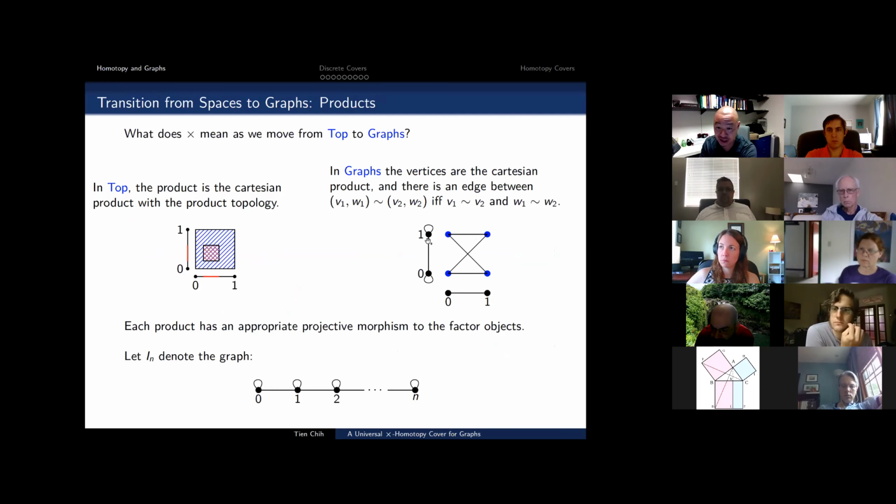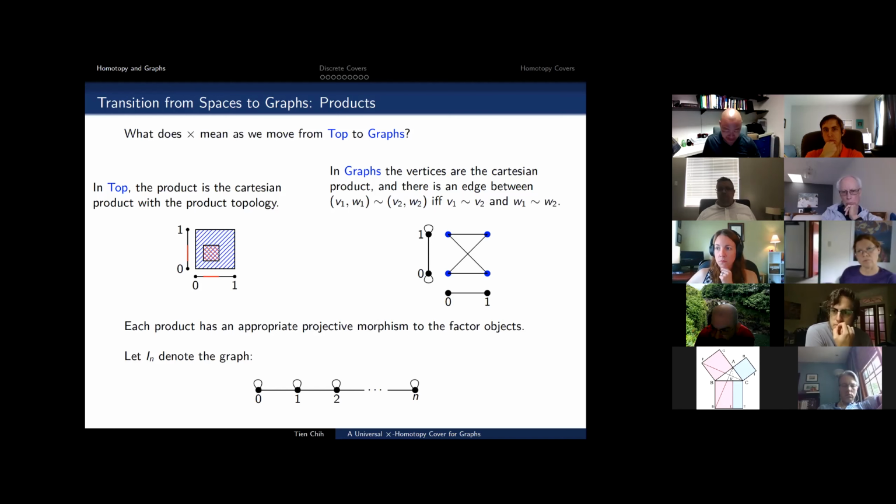If I just have 0, 1 cross 0, 1, what you get is 0, 1, 0, 1, and not these cross edges. And then you don't get a slice of the target space, so to speak, at each section.